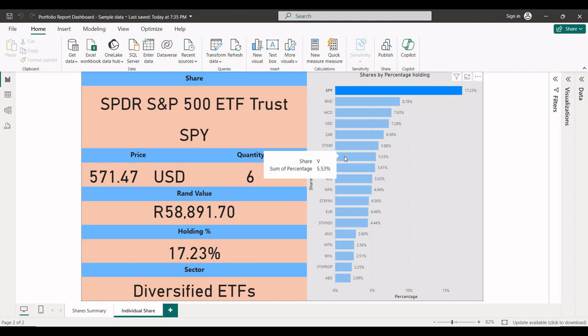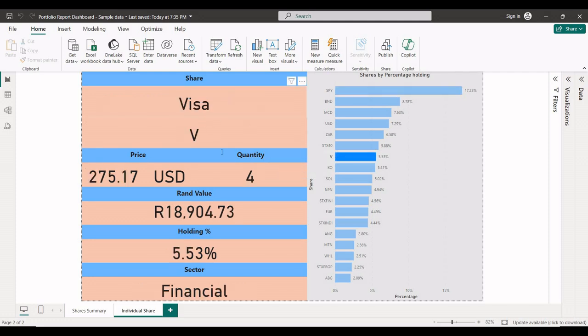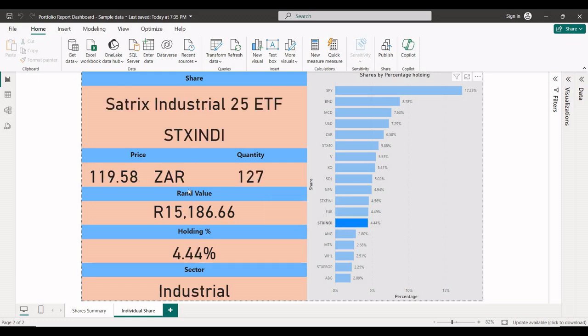There we see, if we select V for Visa, we have it at this price in US dollars, and we own 4 shares with a Rand value of about 19,000, and it comprises 5.53% of total holdings, and it's been assigned to the financial sector. So we have the same with other shares.